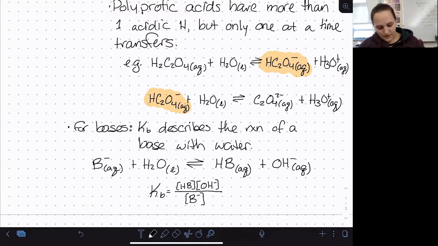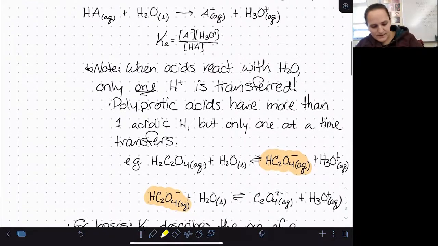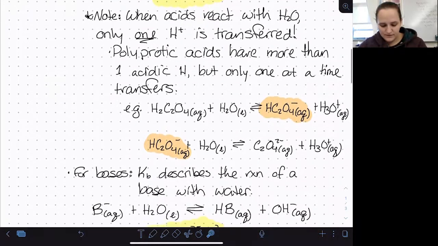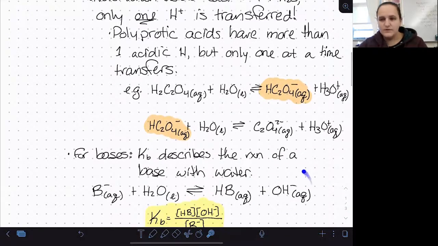So if we think about these expressions that we have for Kb, for bases, and Ka for an acid, they are products over reactants, and the products of these reactions are ions that we're forming, hydronium and hydroxide, in these two processes.